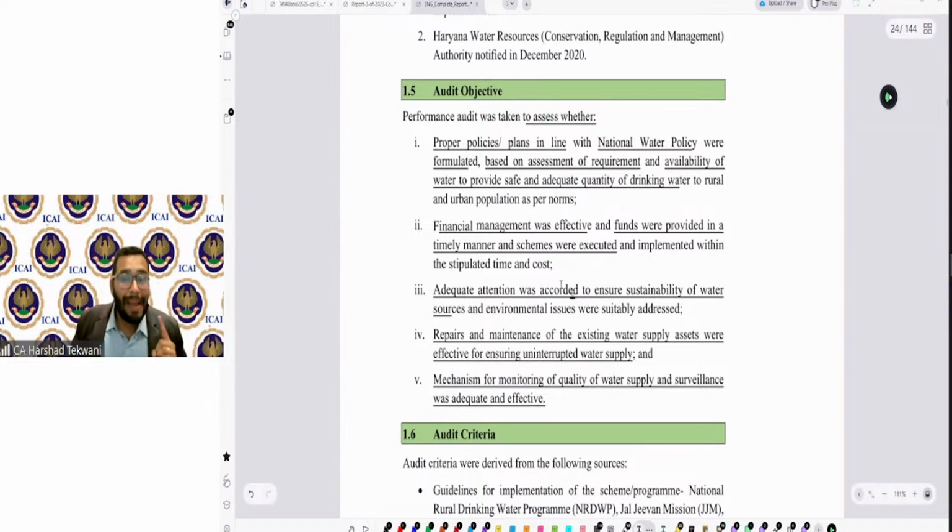See, majority of the items over here are with respect to performance, or whatever is being promised in a particular scheme, not on the financial area.